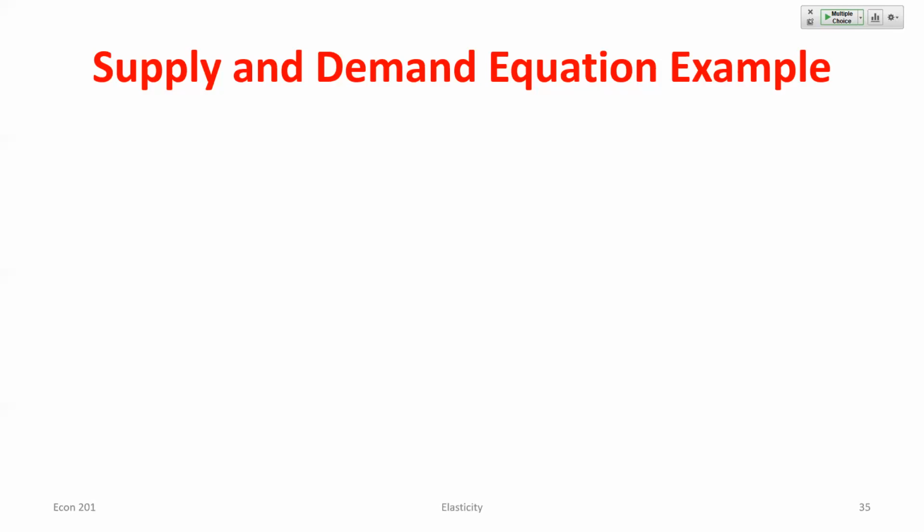If I'm giving you a price and I'm interested in the quantities, just plug them into the equation. If I give you a quantity and you're interested in the price, we just plug the quantity into that equation, solve for the price.